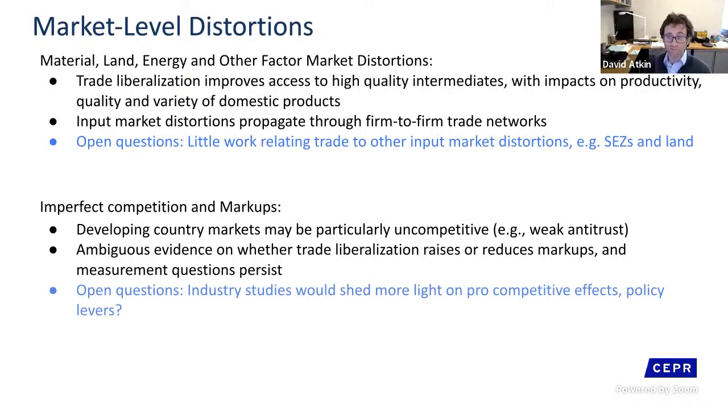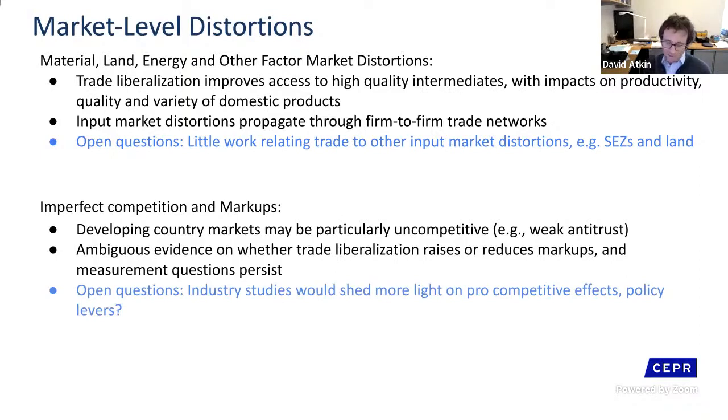One area that's particularly promising, which has seen a shockingly little analysis in the trade literature, is special economic zones or export processing zones, which are set up in part to navigate around land constraints in some countries, but also some of the labor regulations and other frictions we've talked about.